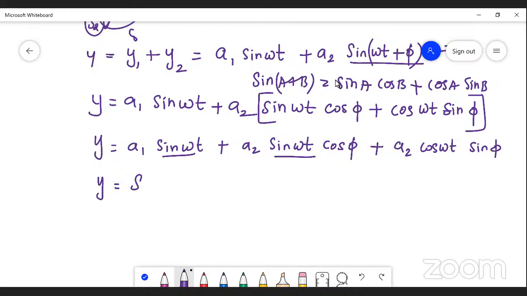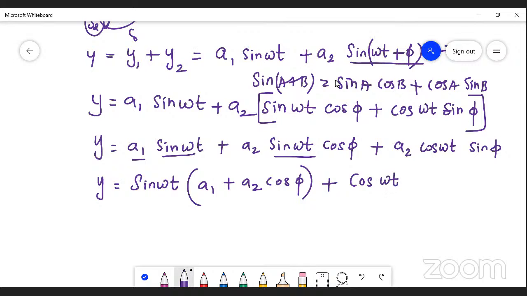I want to take the common factor sin omega t: a1 plus a2 cos pi, plus cos omega t into a2 sin pi.